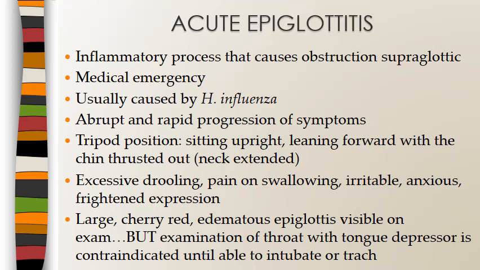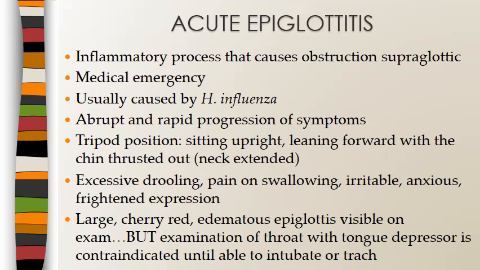So with acute epiglottitis, what happens is there's an inflammatory process that causes an obstruction supraglottic, so it is above the glottis. This is a medical emergency. It is usually caused by the H. influenza bacteria. It is abrupt and rapid progressing symptoms that occur, and what you will see is the child sitting in a tripod position.